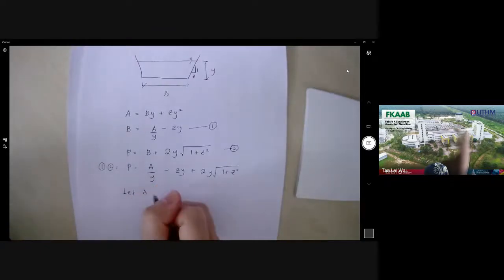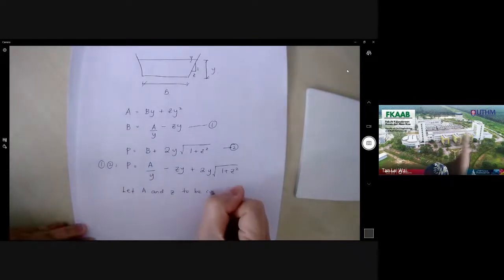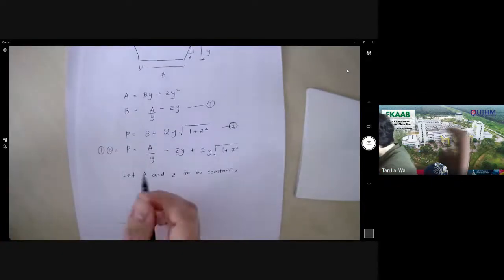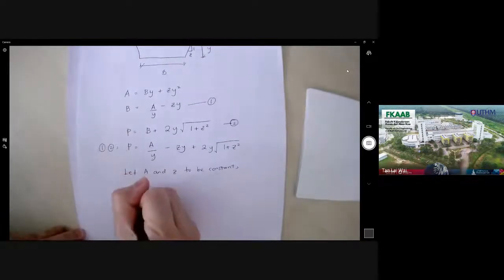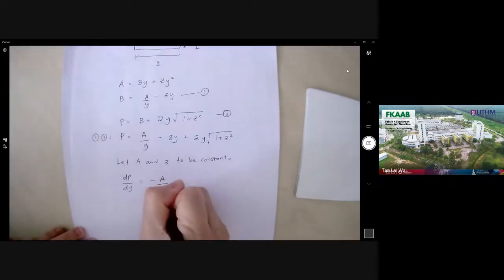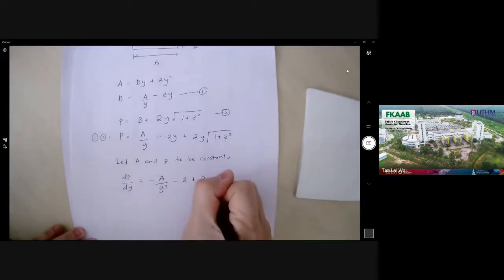Let A and Z be constant. So Z is constant, A is constant. I'm going to differentiate P with respect to y. Then to find the best section, let dP over dy equal 0.